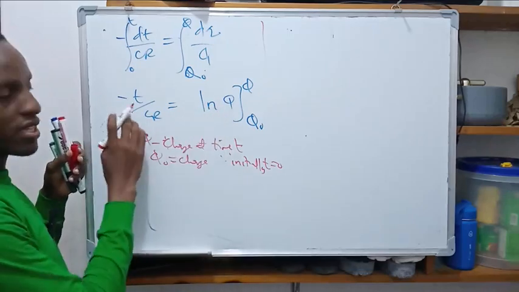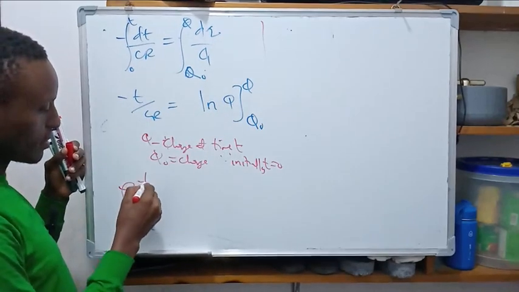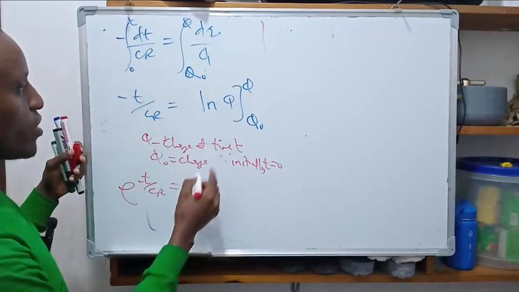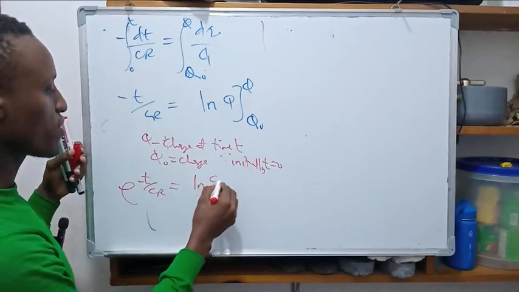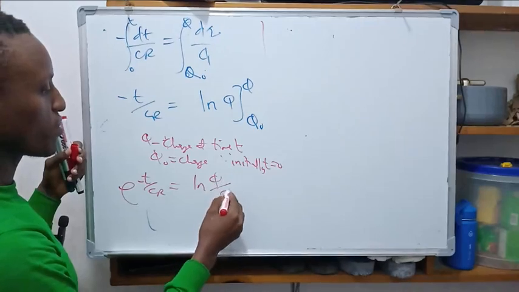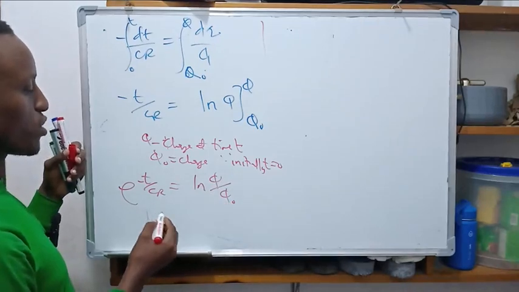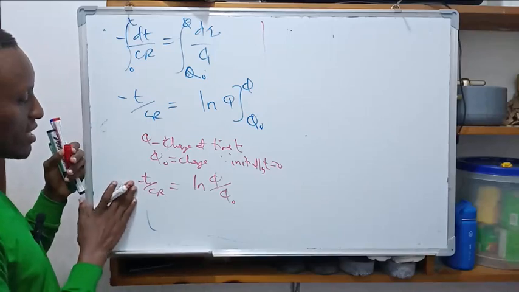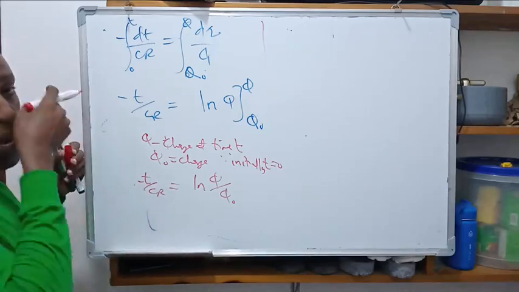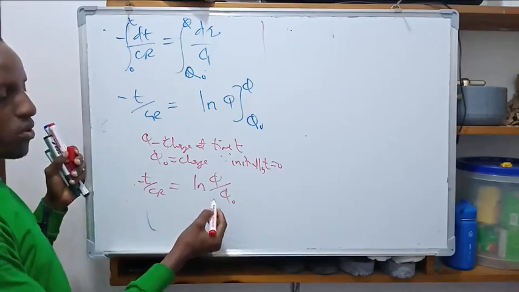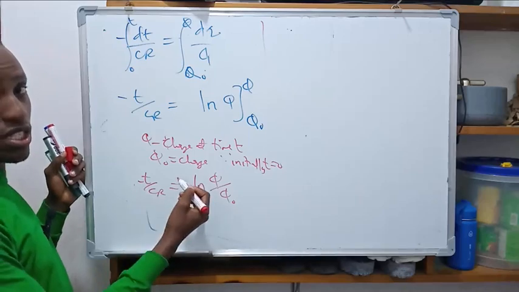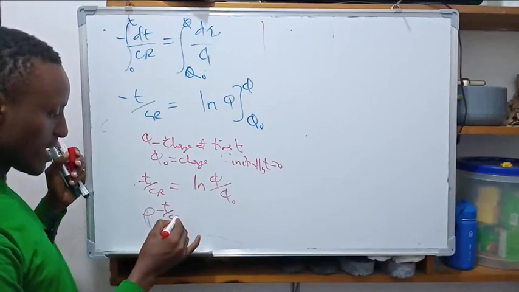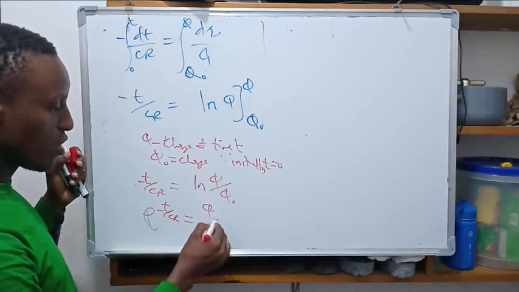So this ln e to the negative t over CR is just equal to ln of Q over Q naught. When I raise this, because this is a log of e, you can say e to the negative t over CR is equal to Q over Q naught.